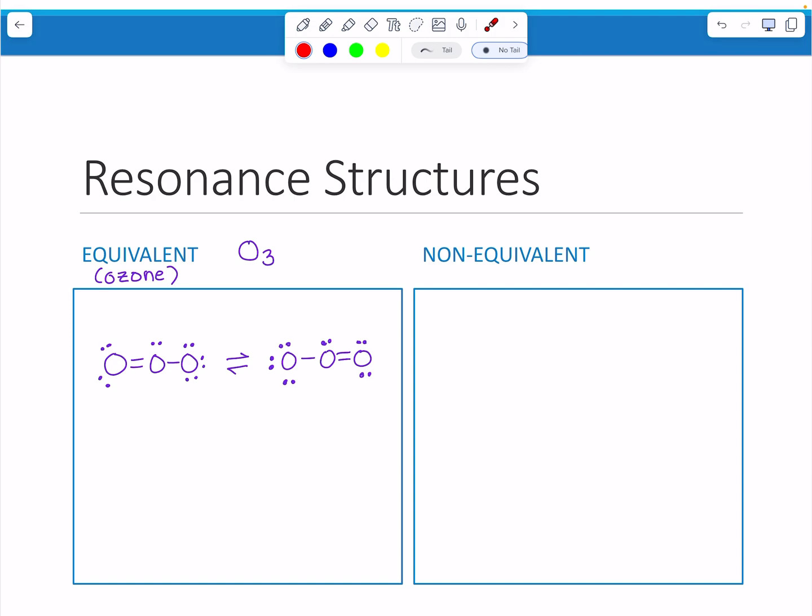All right, so now we're going to talk about non-equivalent resonance structures. The example we're going to use for this is another molecule that you've heard of, carbon dioxide. So ozone is a common name that we use for O3, but if we were going to use our naming conventions, it would be trioxide, because there's just 3 oxygens in there, okay?